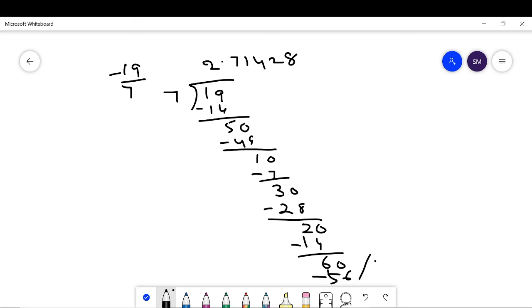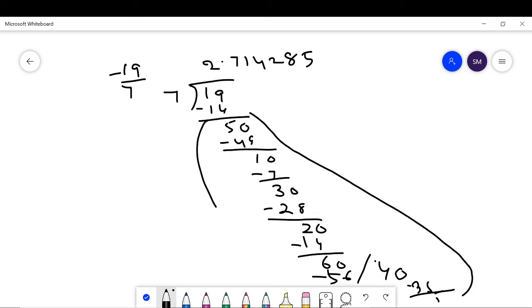We get 4, 0. Then 7 fives are 35. Then we get 5. Then again these numbers get repeated. Then this is like this. This is a repeating non-terminating decimal representation.